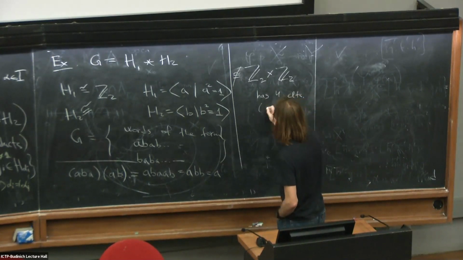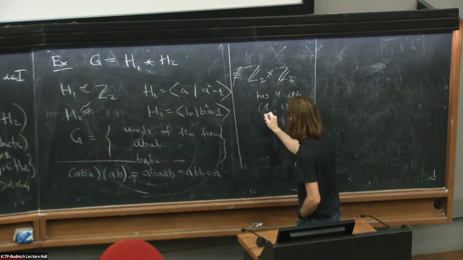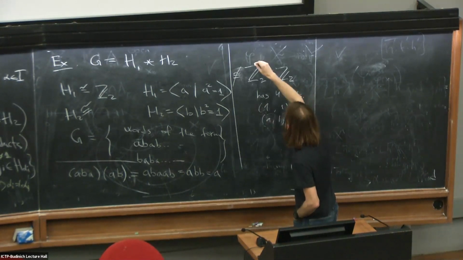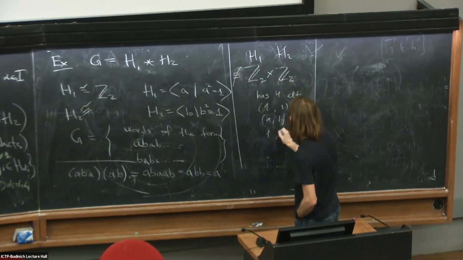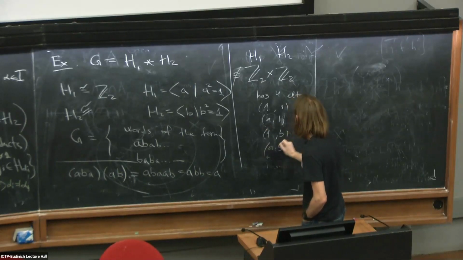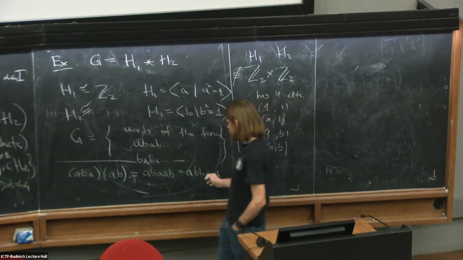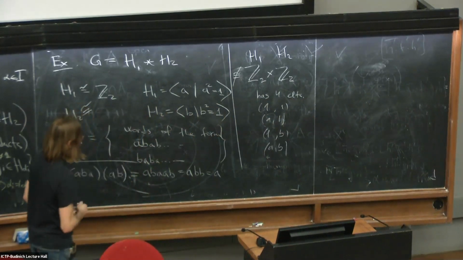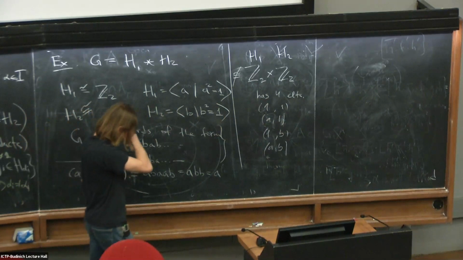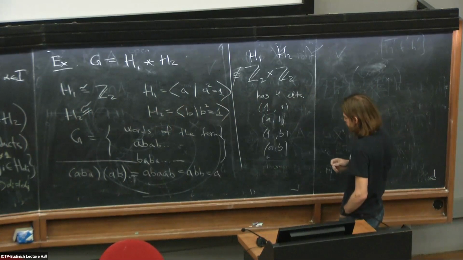It's just pairs like this: 1, 1, A, 1, 1, B, and A, B. So you have these pairs and nothing more. And by construction, you can see that there is an infinite number of elements in the free product. Here we have just 4. So there is a big difference between the usual product and the free product.